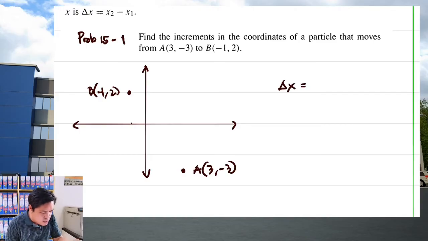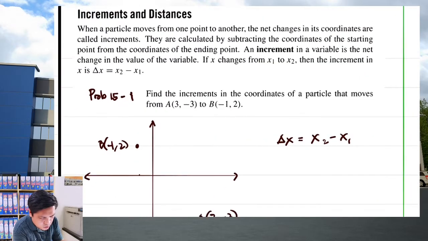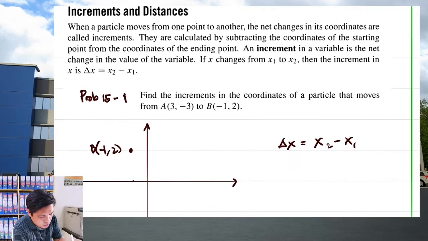So, the change in x, or the increment in x, that is just equal to x2 minus x1. It is defined here as if x changes from x1 to x2. So, the second point comes first.